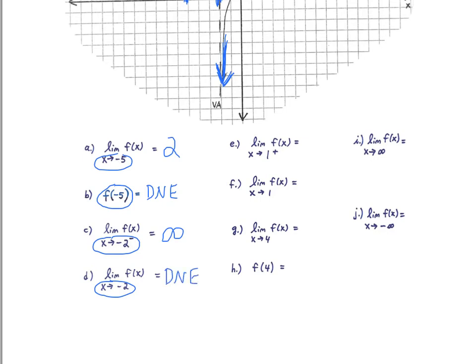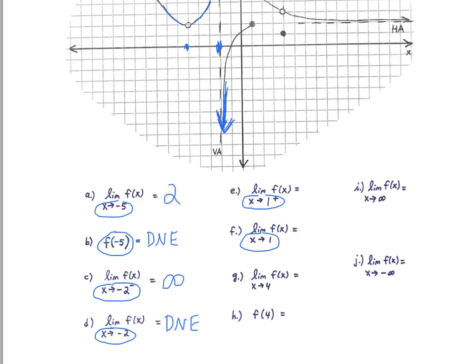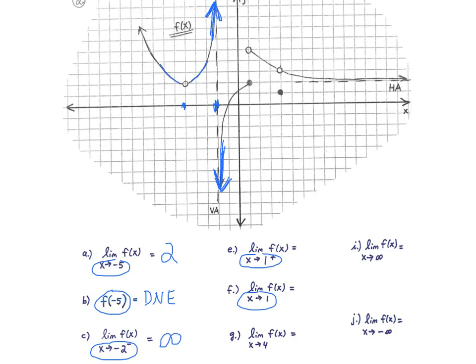Alright, next we're looking at an x value of interest of 1. First we want to find the limit from the right and then the overall limit. So let's go back up here. This is where x is 1. As we approach 1 from the right, we're getting closer and closer to it from the right. Yes, there's an open circle there, but that doesn't matter.